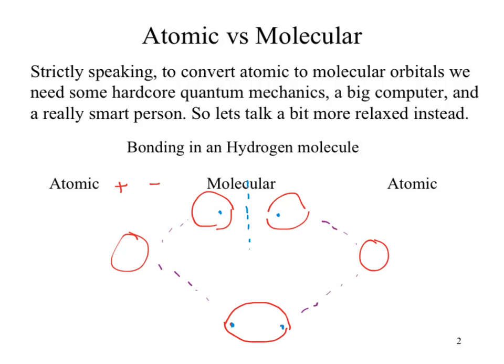Or we end up with the situation where there is no electron density between the atoms. If we have no electron density, it's referred to as a node. Just an extra term. All that ultimately means is there's no electron density there. So if our node falls through the middle of our atoms, we don't have a bond.